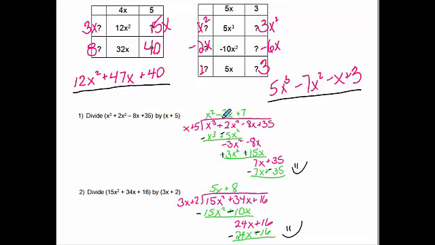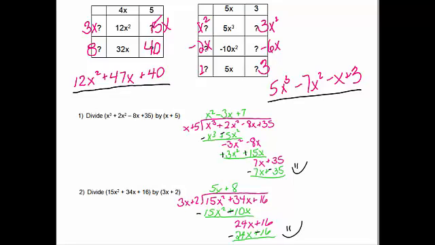And when I multiply negative 3x by x plus 5, I get negative 3x squared minus 15x, but I have to subtract that whole binomial, giving me plus 3x squared and plus 15x. So I'm left with 7x, bring down the 35, and look at that, no remainder. The next example is also shown, so check that out.